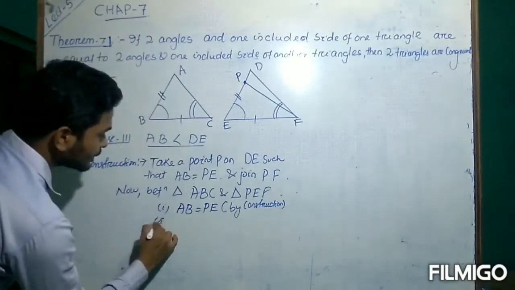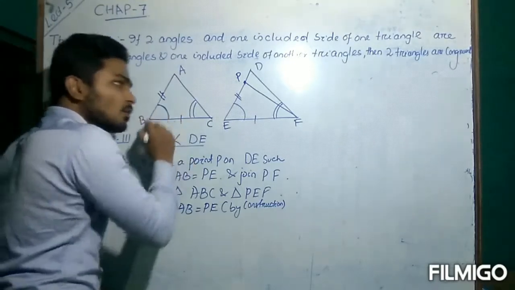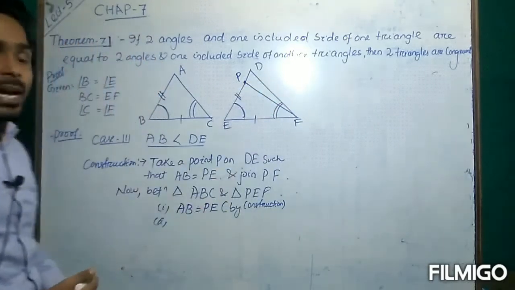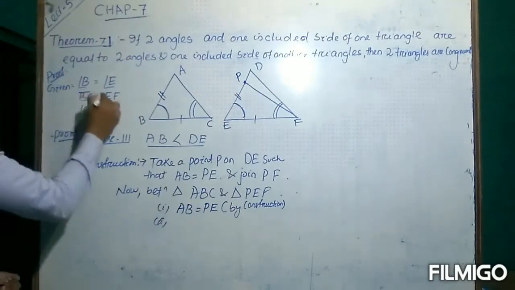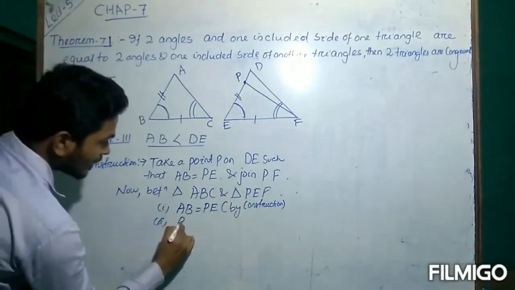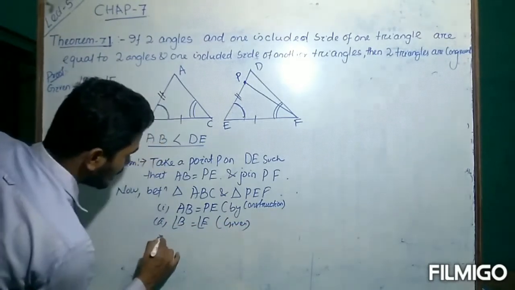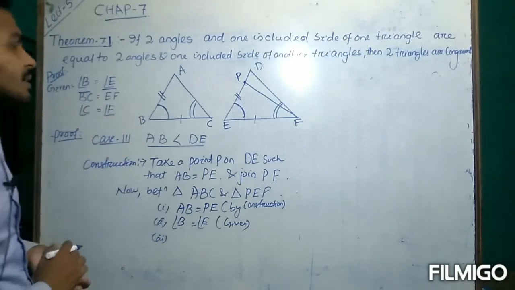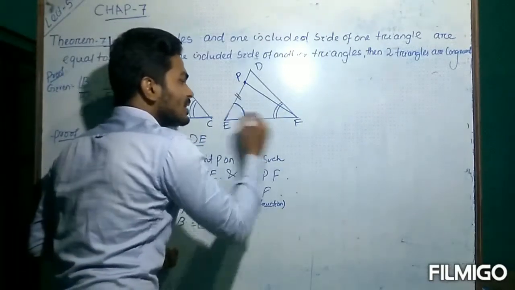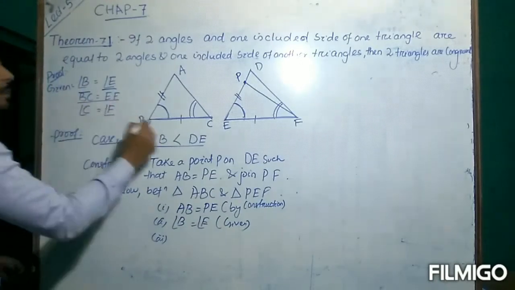Are you clear? Next, in this triangle, this angle is equal to this angle in the small triangle. Why? Because it is given B is equal to E. It is given already. So we can write that angle B is equal to angle E because it is given. Coming to the third condition, in this triangle, this base BC is equal to this base EF in the other triangle. The reason is that it is given BC is equal to EF.